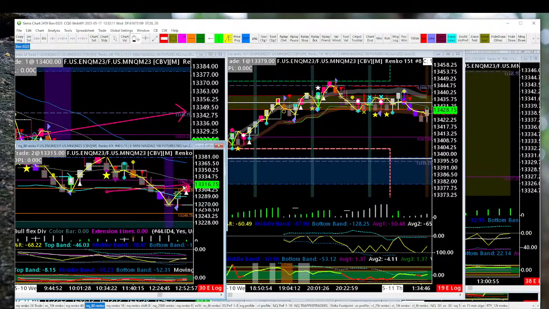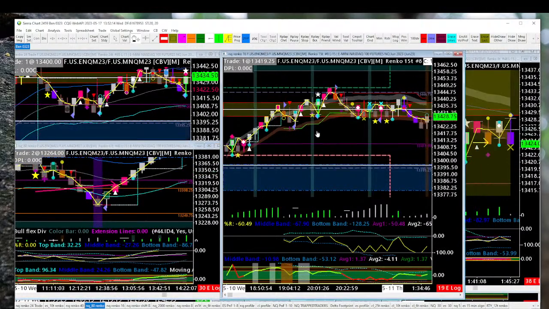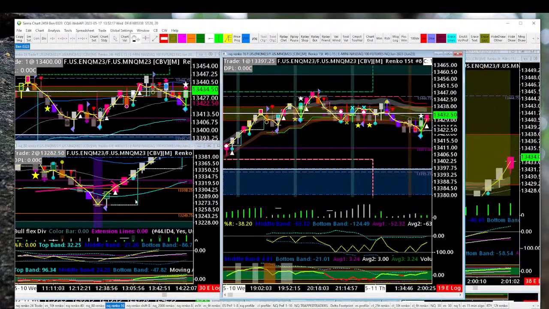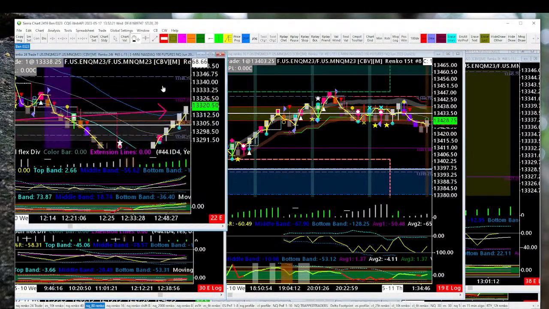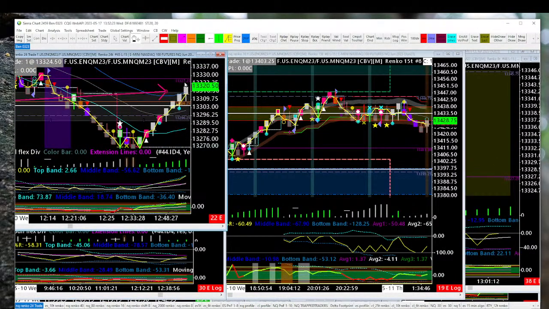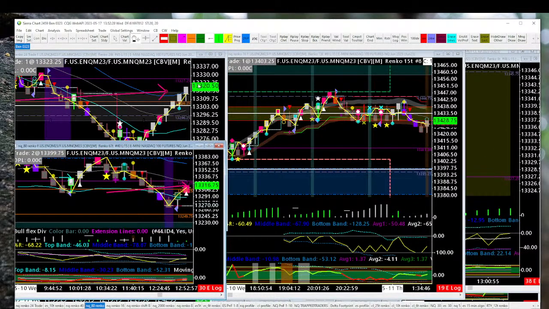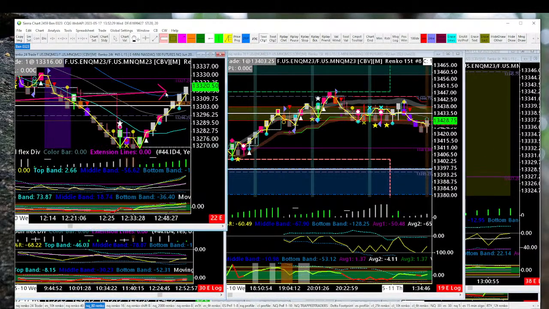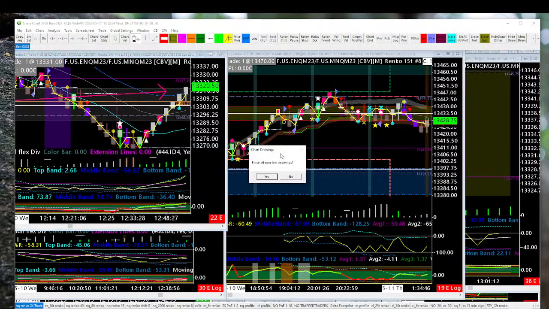but I do expect at this point right here that shortly thereafter... Oh, why isn't this moving? I haven't gotten enough bars loaded. So I would expect once that triangle prints here, which happens right there, let me just erase the lines.